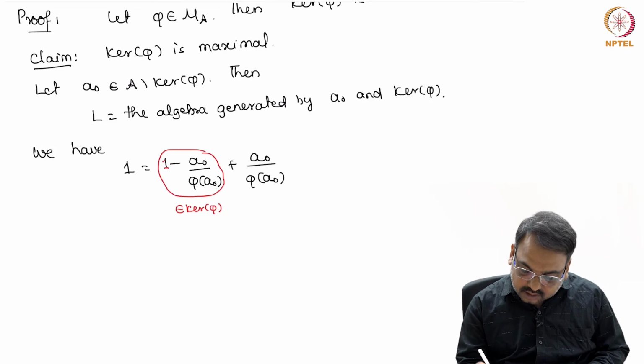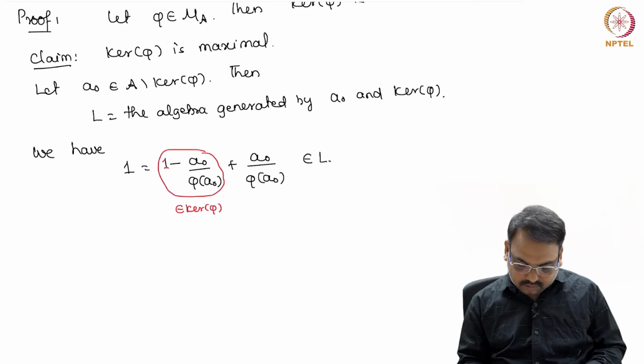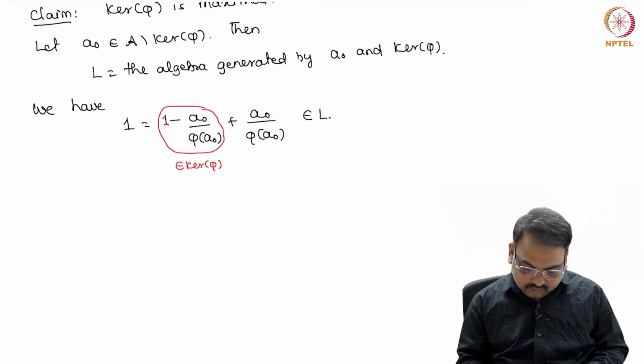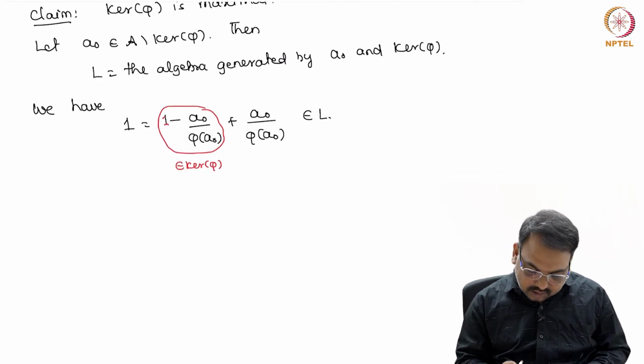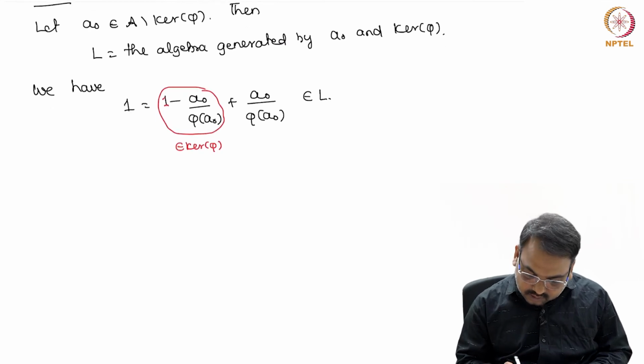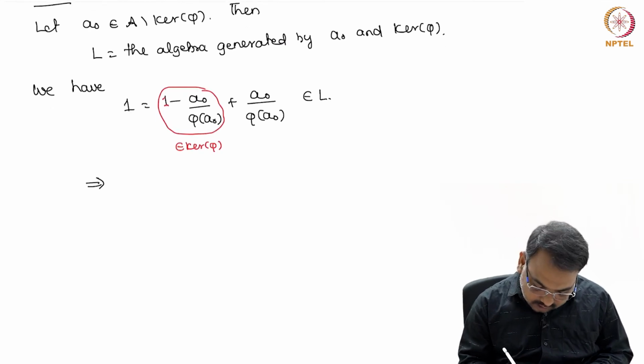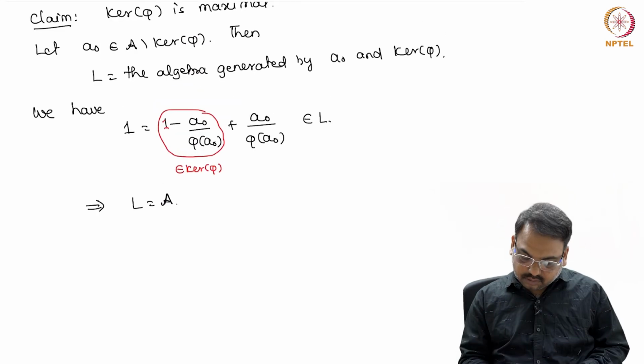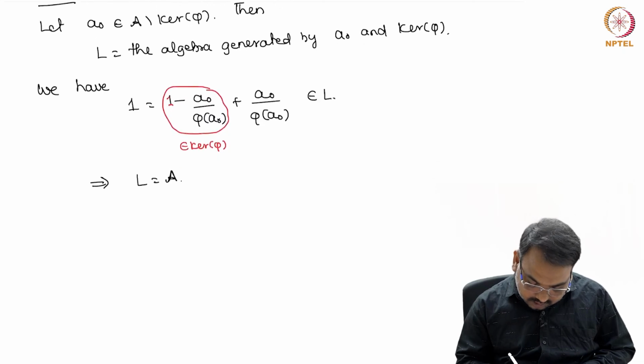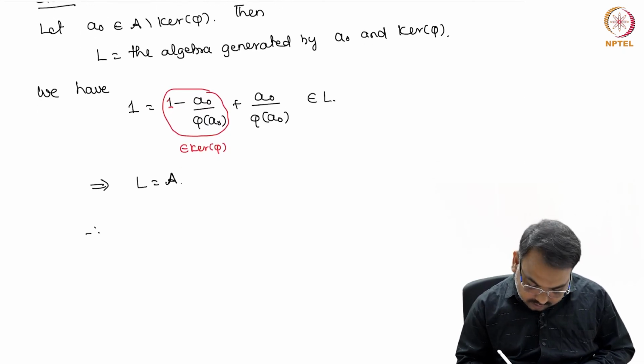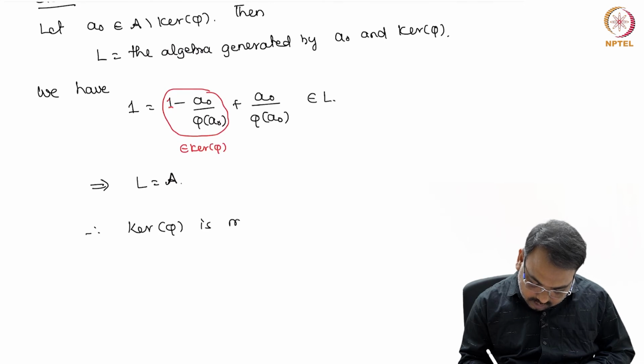So we can say that this element is in L. In fact, every element we can write in this way. So this implies that L is nothing but A. Therefore kernel phi is maximal.